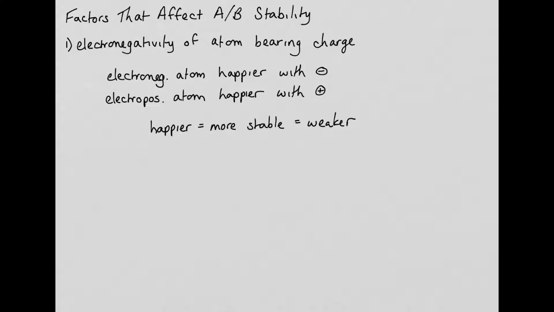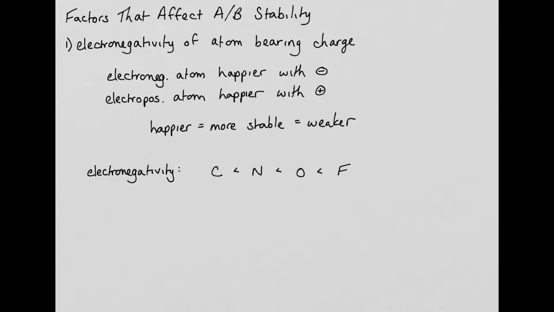For example, if we compare bases where the negative charge resides on carbon, nitrogen, oxygen, or fluorine, which are all in the same row of the periodic table, remember that electronegativity increases as we go from left to right. Carbon is the least electronegative, followed by nitrogen, then oxygen, then fluorine.